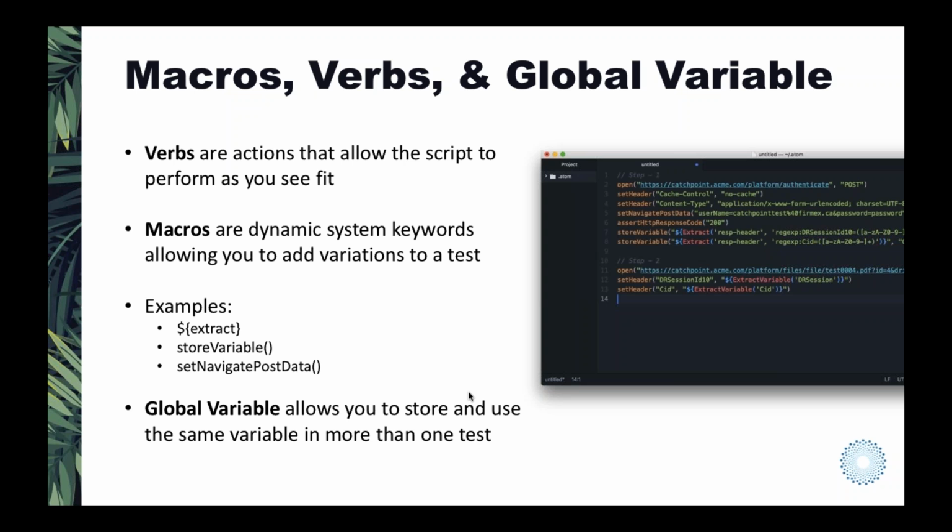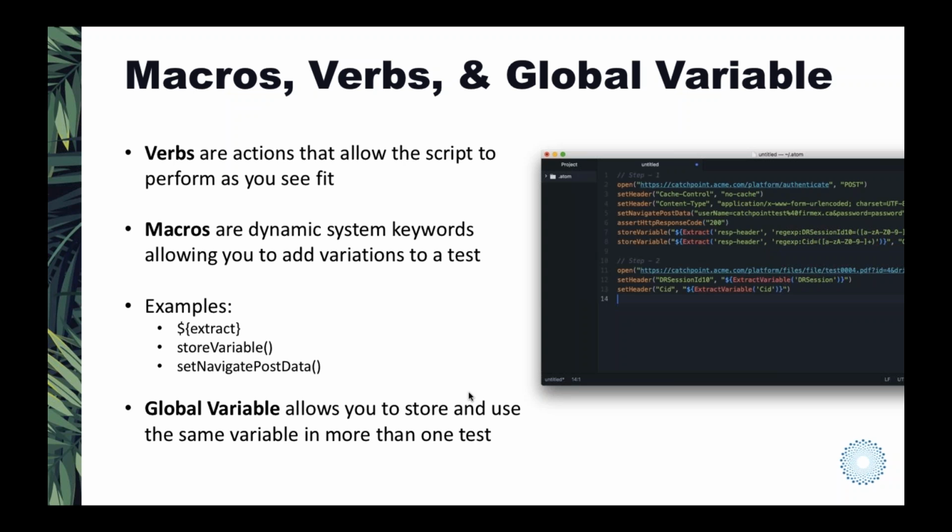We have macros. These allow you to be a little bit more clever with your APIs, whether this is extracting values from a response, storing those responses as a variable for use later on, or posting data down. You have these macros available to you. There are other macros available like base64 encoding, which is a key macro in OAuth authentication.